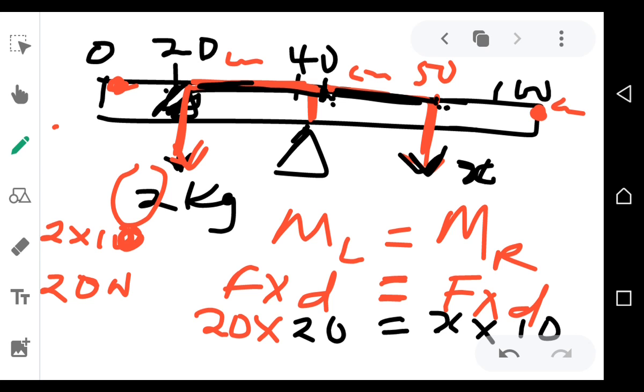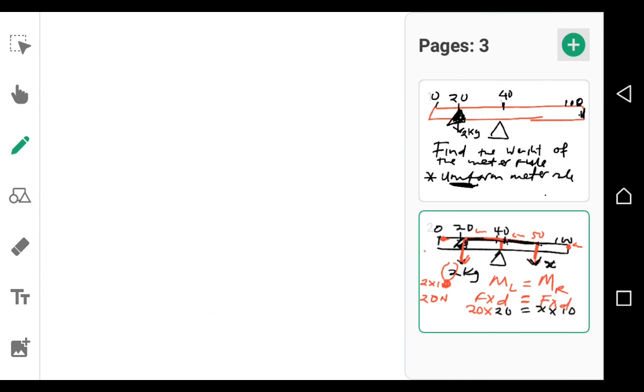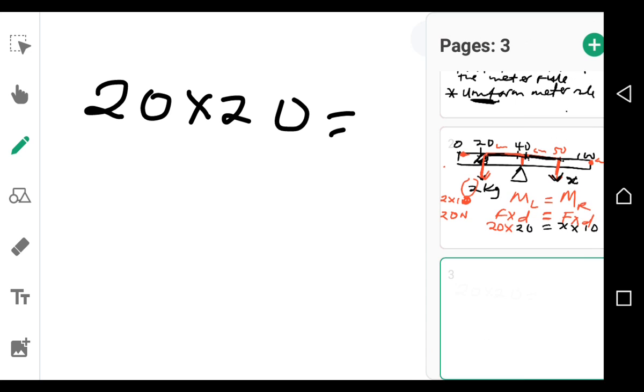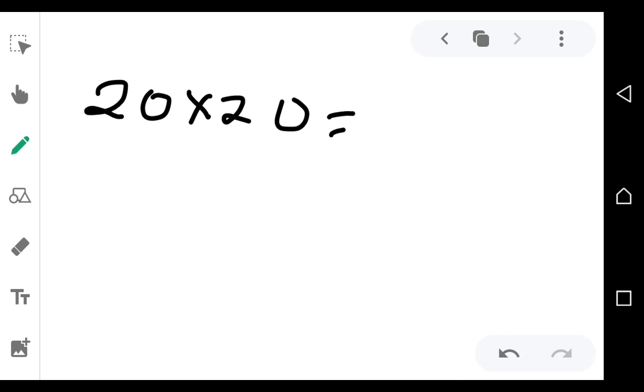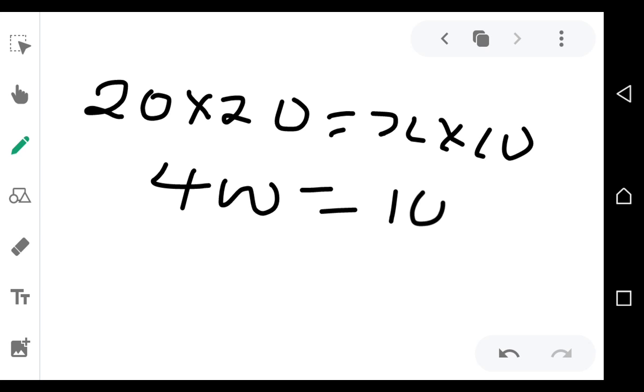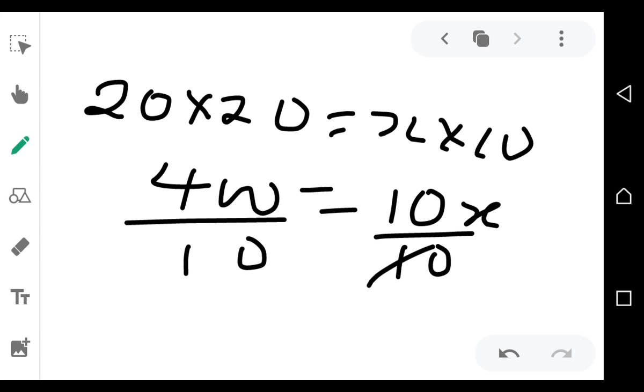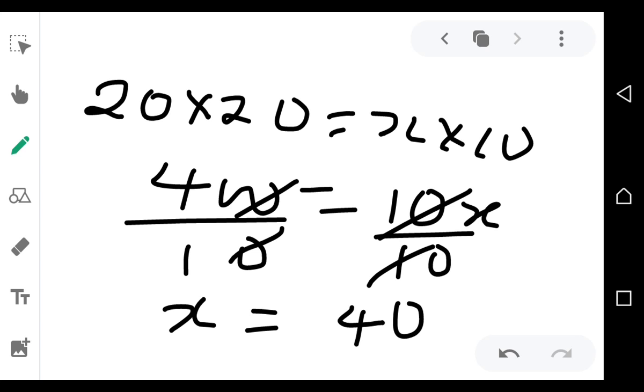So 20 times 20 is equal to x times 10. That is 400 equals 10x. Divide by 10 on both sides, therefore x is equal to 40. It's a weight, so it's 40 newtons.